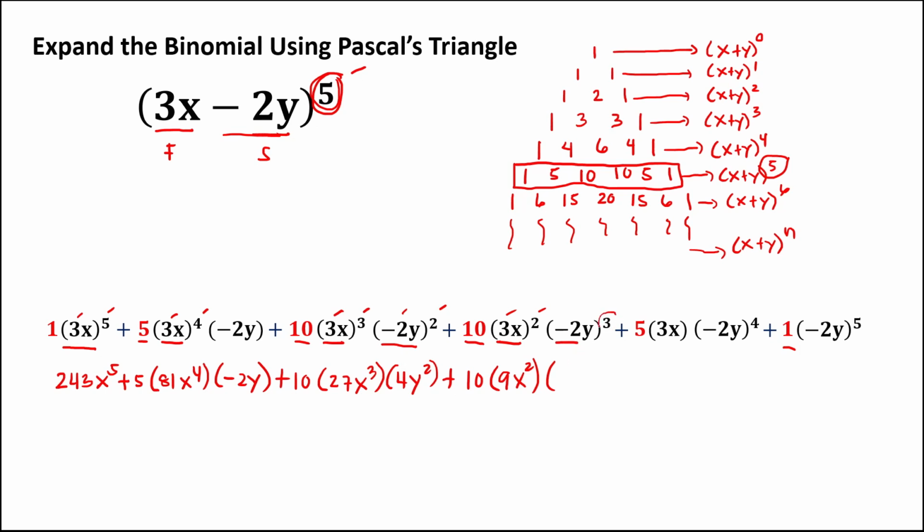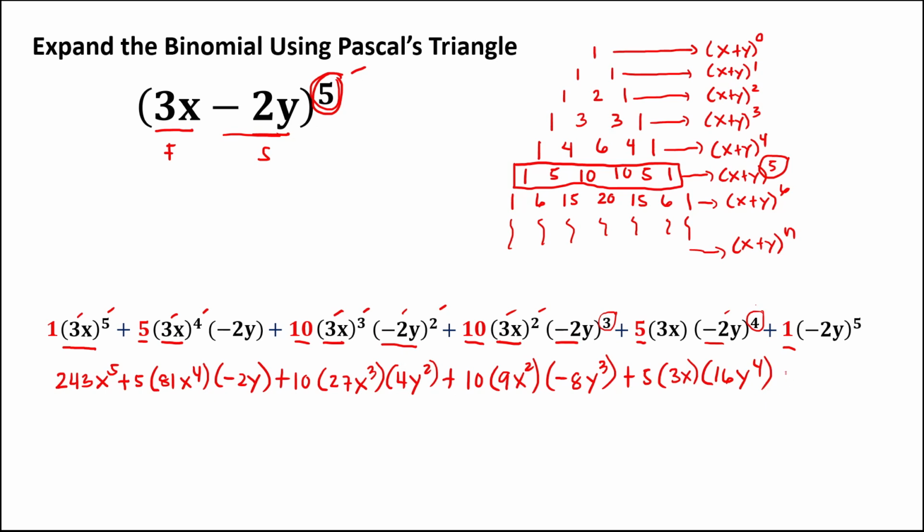Since the exponent is an odd number, this is negative, and 2 to the power 3 is 8. So negative 8, then y to the power 3, then plus, bring down this 5 times 3x times. Since the exponent is an even number, this becomes positive. So negative 2 to the power 4 is positive 16.